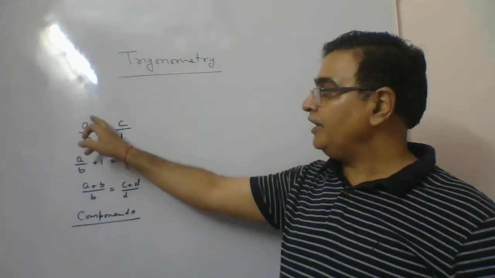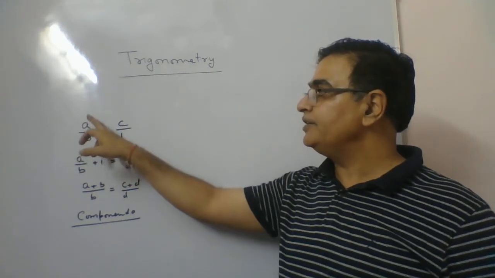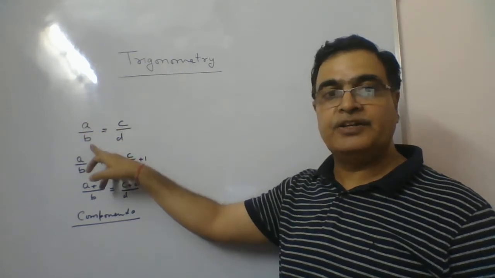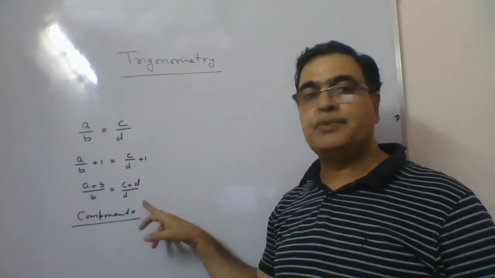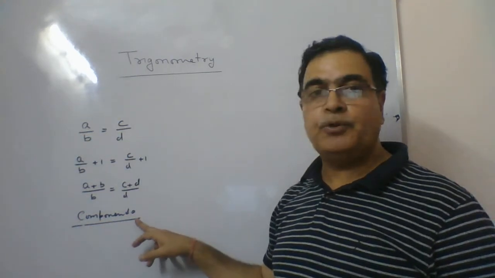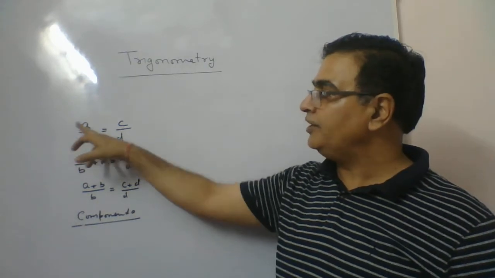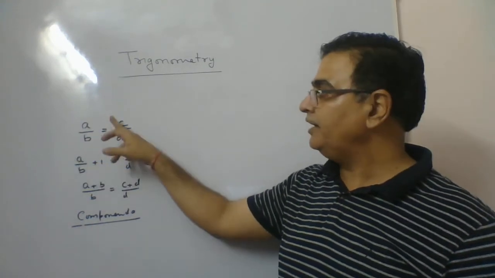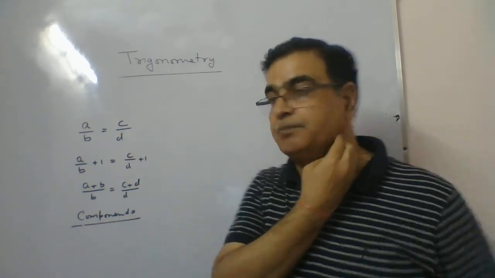It means if you have A by B equal to C by D, then the sum of numerator and denominator by the denominator must also be the same on both sides. So when we use componendo, we are adding 1 on both sides, or you can say numerator plus denominator by denominator on both sides, and the ratio remains the same.